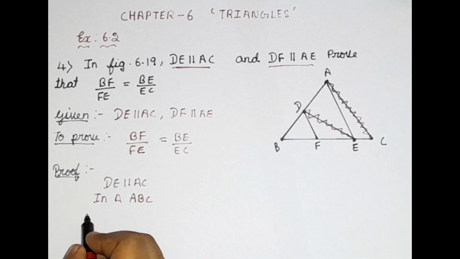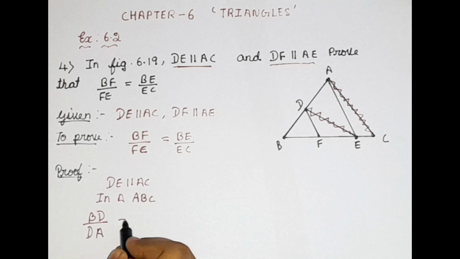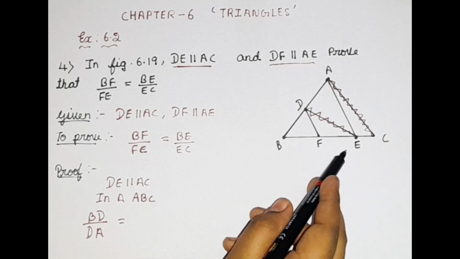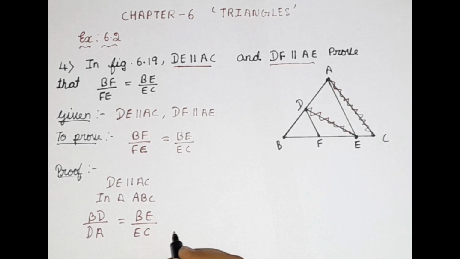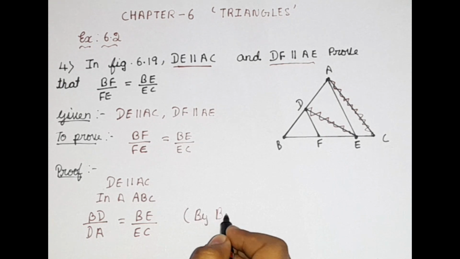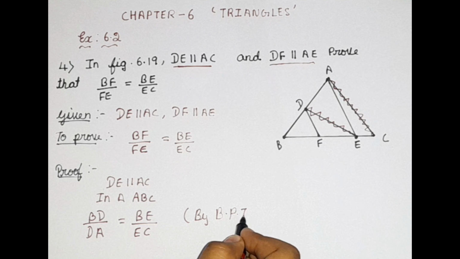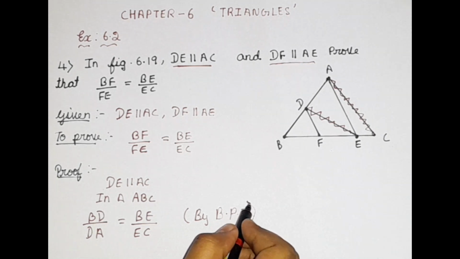So we can write BD by DA is equal to BE by EC. Okay, so this is the basic proportionality theorem, that is BPT.